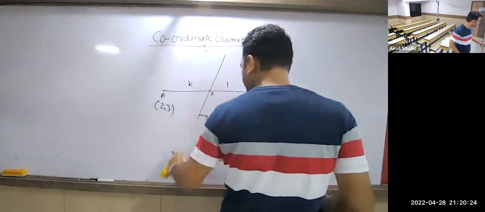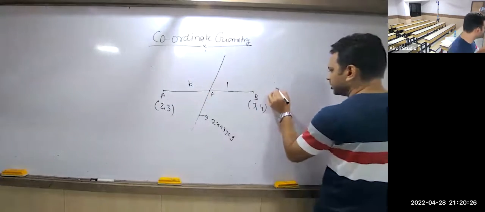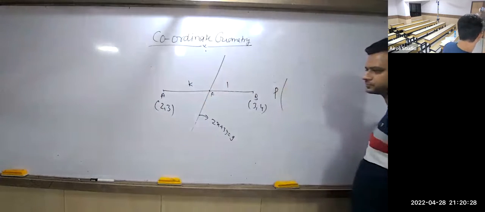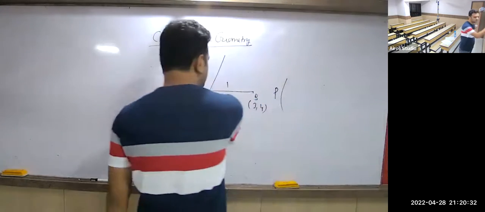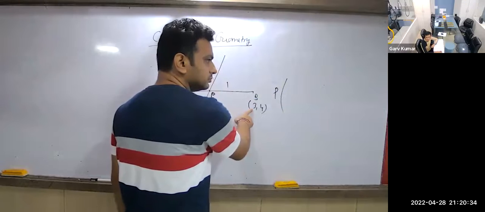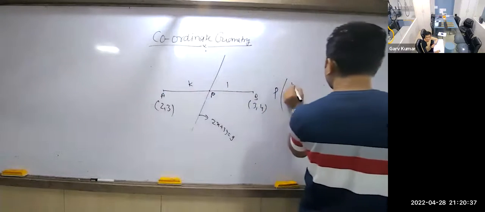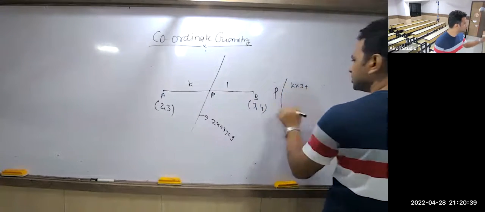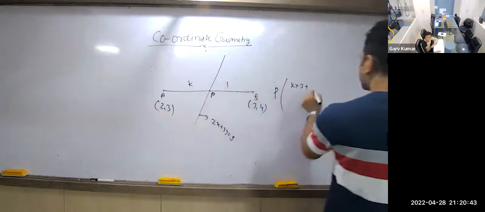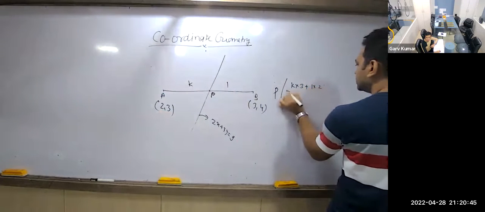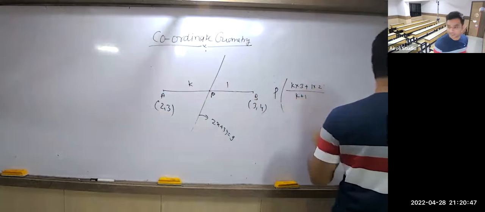So the point P will be... can you tell me the coordinate of P? So it will be k times of 3 plus 1 times of 2, divided by k plus 1, m plus n.